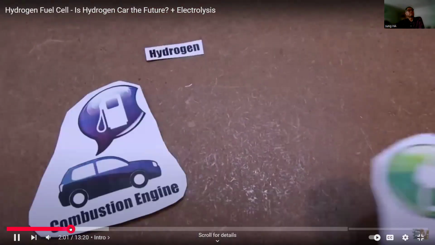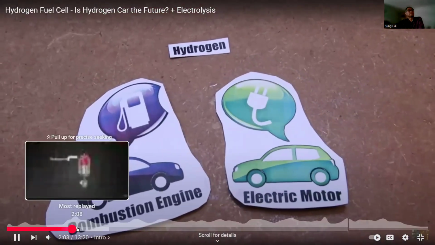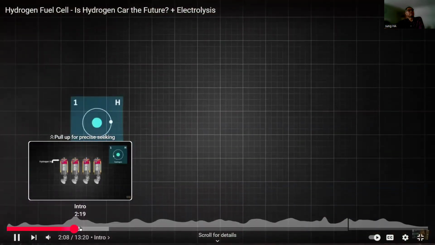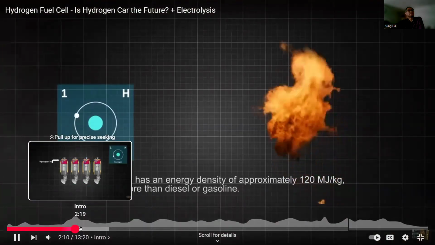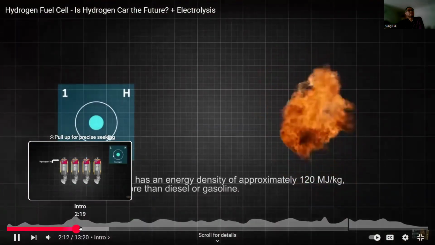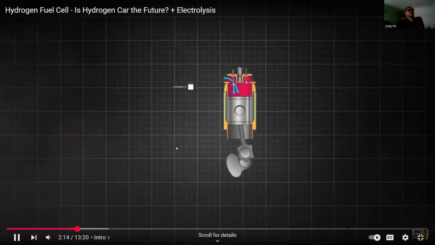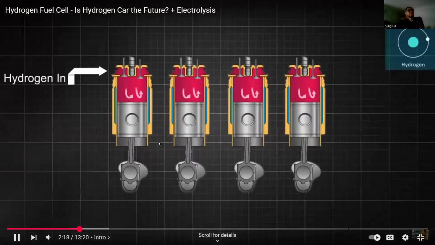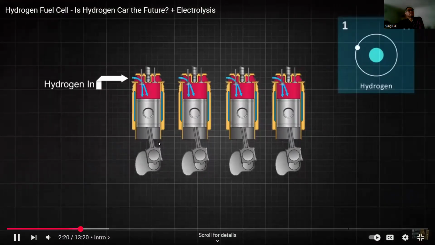As I was telling you, hydrogen cars could work with a combustion engine or an electric motor. Hydrogen is quite explosive and energy dense. You could use it just as a gasoline motor and create controlled explosions, moving pistons and so on, just as a normal combustion motor, but adapted.